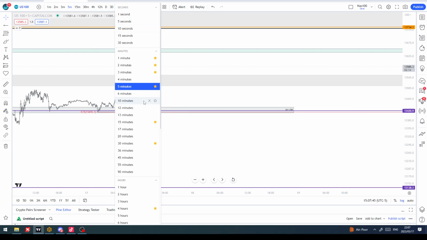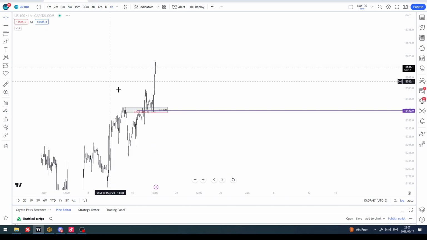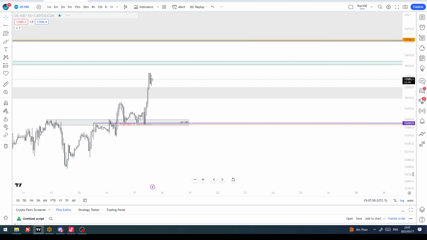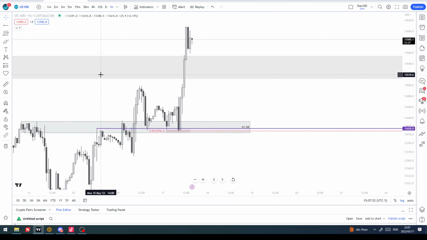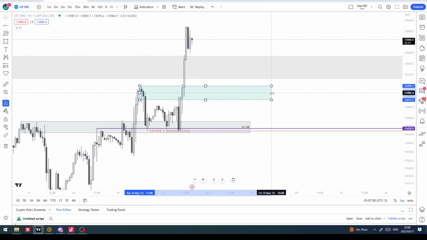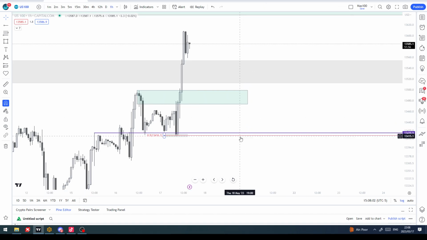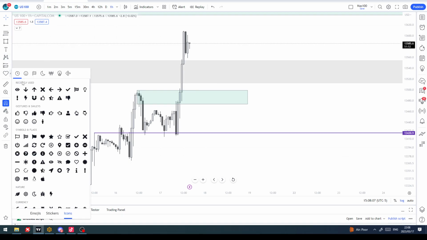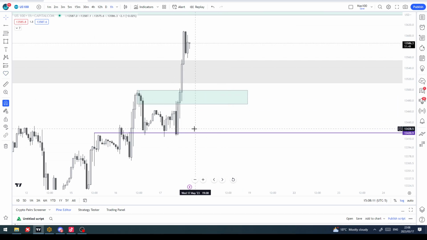If you are bullish, let's go H1. You're going to look in this area right here. Old high. That's where we're going to look. This would be the area I would look at tomorrow if we get here.